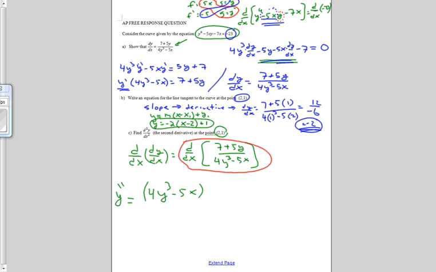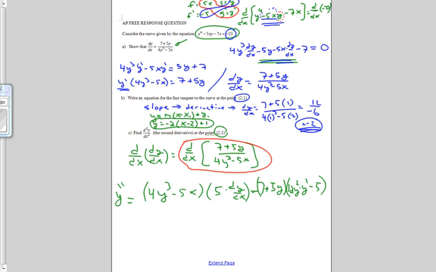Well, the derivative of the high function is 5 times dy dx, minus high d low. Well, that's 12y squared times y prime minus 5. That's the derivative of my low.